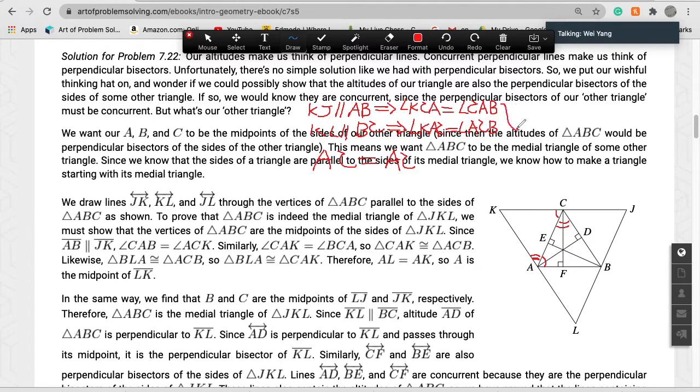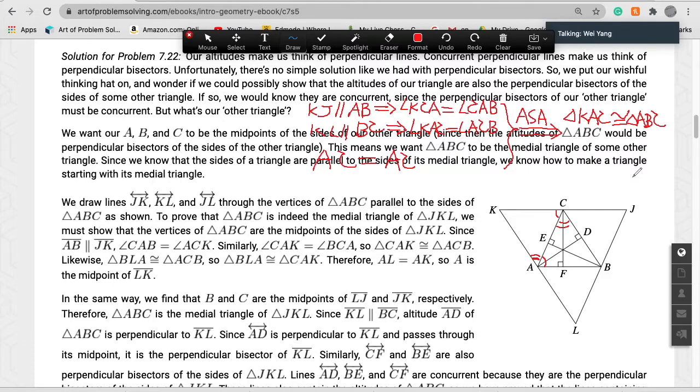Then you combine these three pieces of information together. You use the ASA theorem. We can get triangle KAC congruent with triangle ABC, right?